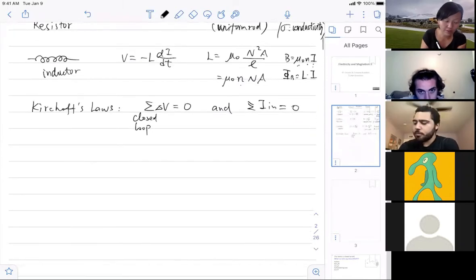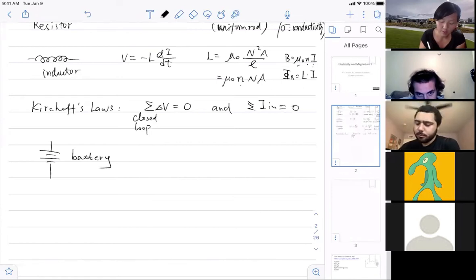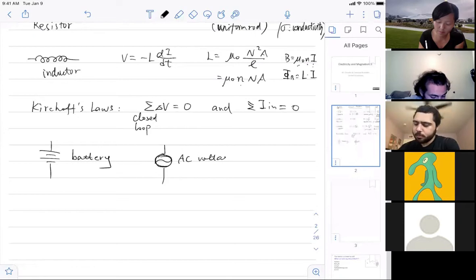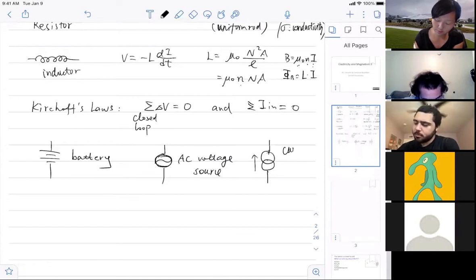Now, of course, you have other symbols. This represents a battery. If you have something like this, that's an AC source. So when we see these symbols, we know what they mean. Sometimes you have something that looks like two circles together. That's a current source.